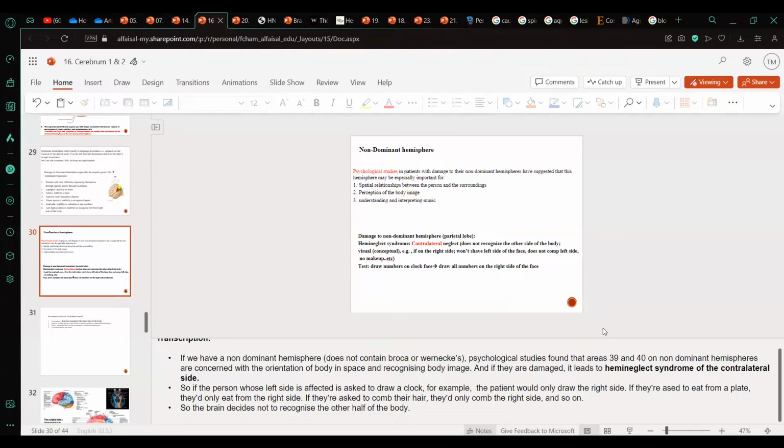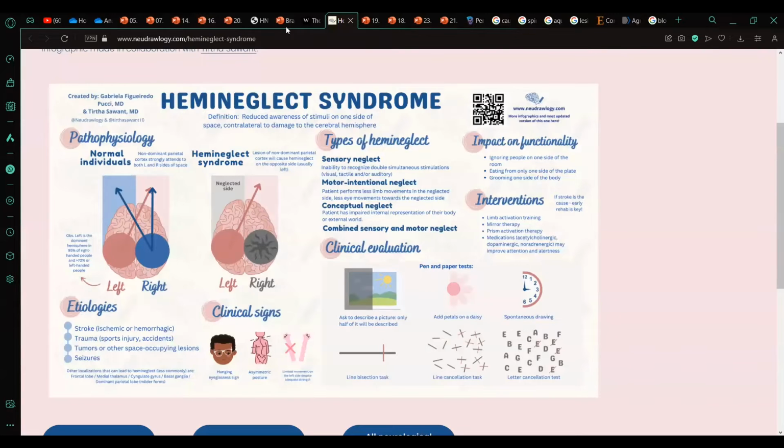Yeah, okay. So I hear it saying in the slides, contralateral neglect, which is where you don't recognize one side, is on the parietal side.